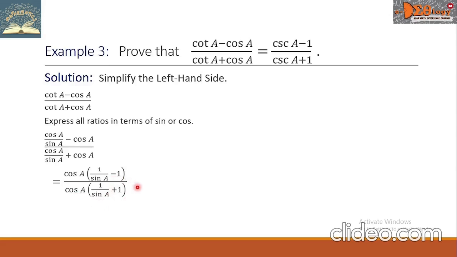In the numerator and denominator, common is cosine A. We can cancel it out. And we know that 1 over sine A is cosecant A. So we change it here. So we have now cosecant A minus 1 all over cosecant A plus 1. From here we stop because this value is now equal to the right-hand side.